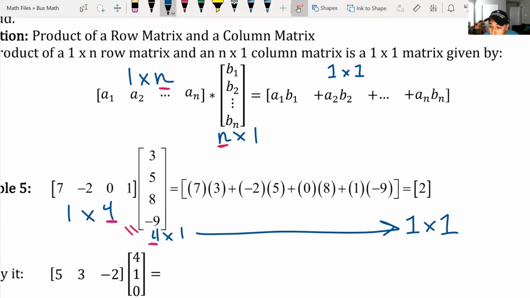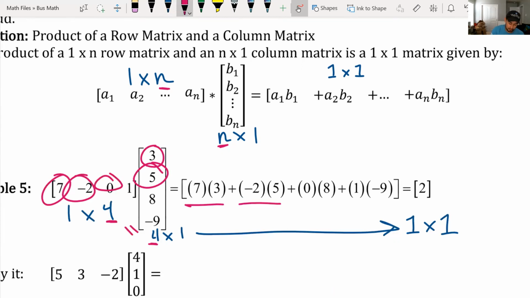1 row, 1 column. Okay, and showing how they do the matrix multiplication again. First element in matrix 1 times the first element in matrix 2. There it is, 7 times 3. Plus second element in matrix 1 times second element in matrix 2, right there.